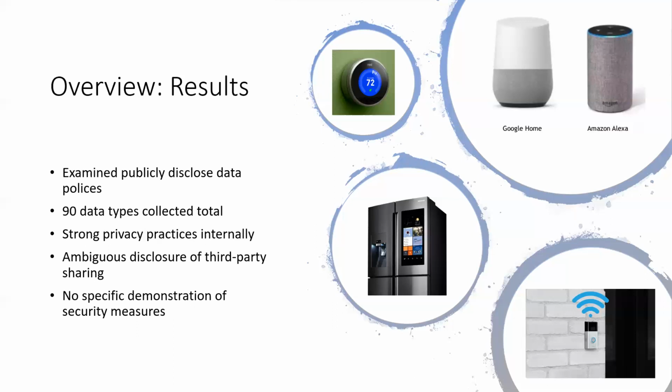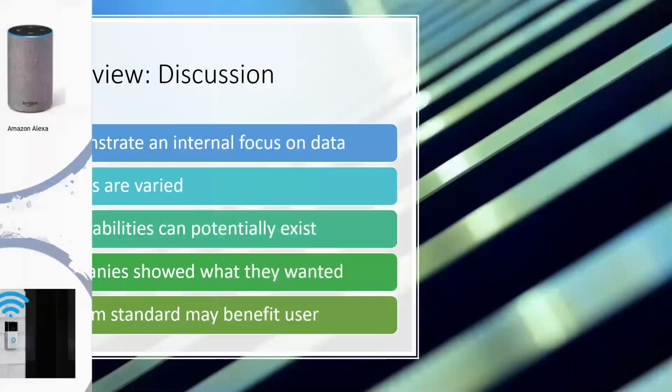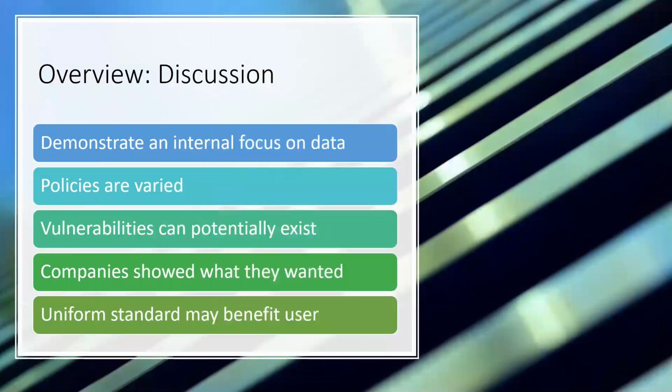But everyone else just provided a simple sentence saying that safety was important, without any specific examples. So what the results demonstrated was that the data policies of companies have an internal focus. They're more focused on making sure that they have safeguards in place to prove to customers that they can be trusted. I noticed that policies were extremely varied.